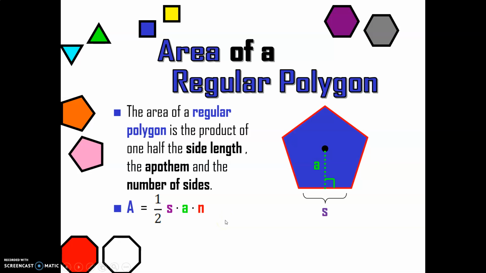And in some textbooks, you may see it written as 1/2 perimeter times apothem, 1/2 PA, because when you multiply the number of sides times the side length, those two values are equivalent to the perimeter. But our textbook gives the formula as 1/2 SAN. So please write that down and put it in a safe place so you can refer to it.